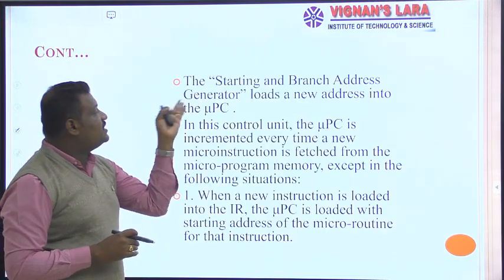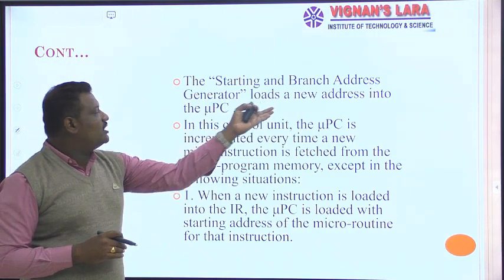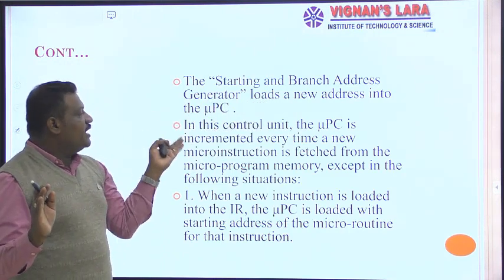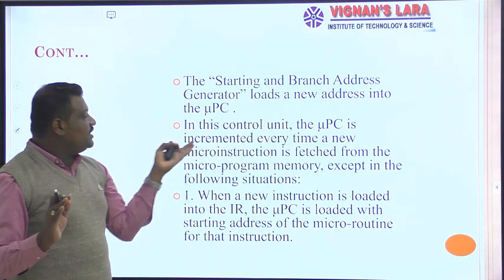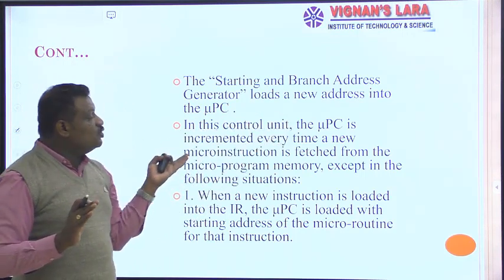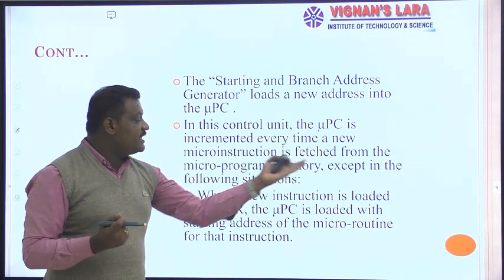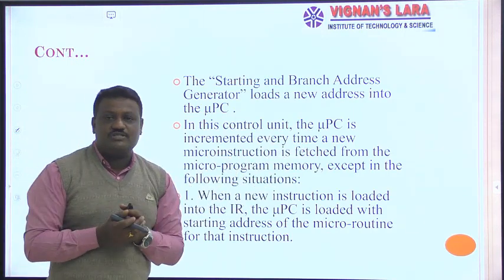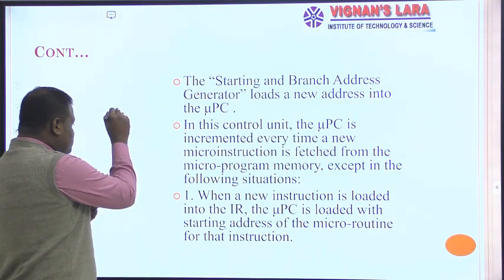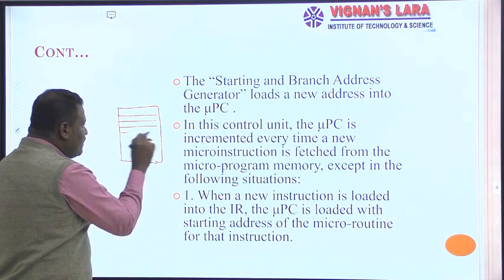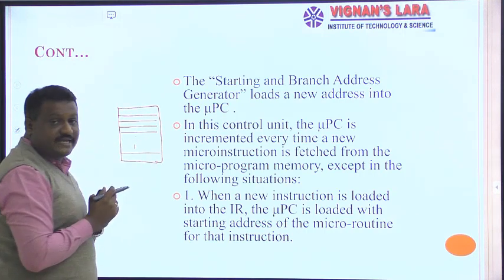The starting and branch address generator loads a new address into the new PC, that is, the microprogram counter. In this control unit, the new PC is incremented every time a new micro instruction is fetched from microprogram memory, except in the following situations. That means this is my microprogram, or I can call it a micro routine, which may have a set of instructions like this.